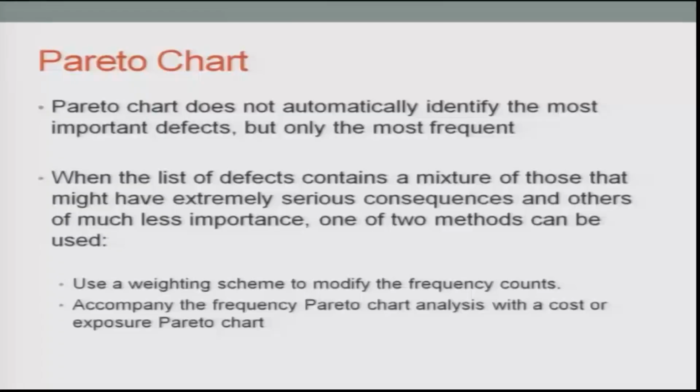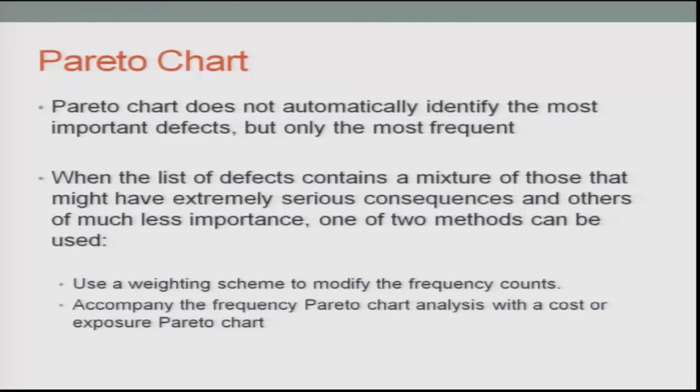Pareto charts do not automatically identify the most important defects, but only the most frequent. When the list of defects contains a mixture of those with extremely serious consequences and others of much less importance, one or two methods can be utilized to find the level of importance of defects that can adversely affect the overall manufacturing or service process you are studying.